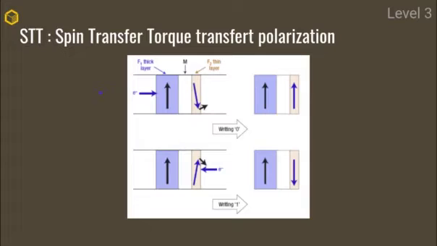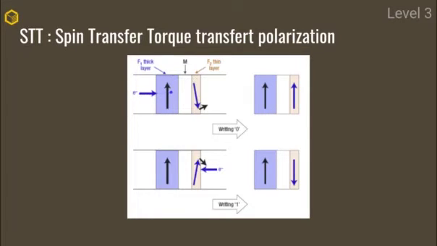Well, I'll start by making my flow of electrons go through my thick layer. So this is a thick layer, so it's really, really hard to change its polarization. But this one is a really, really smaller layer, so the probability of it switching polarization is much higher.